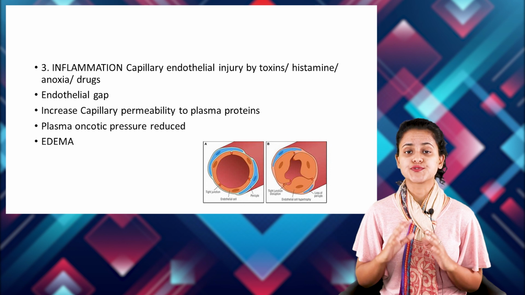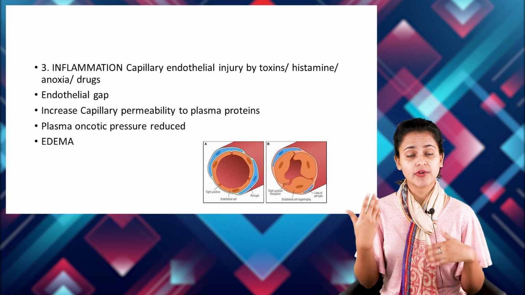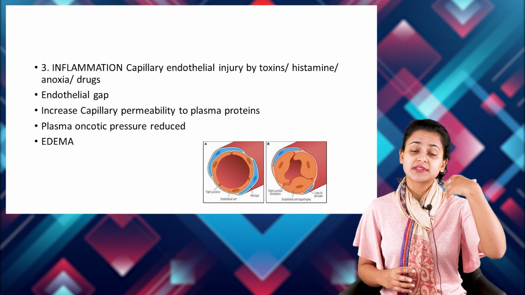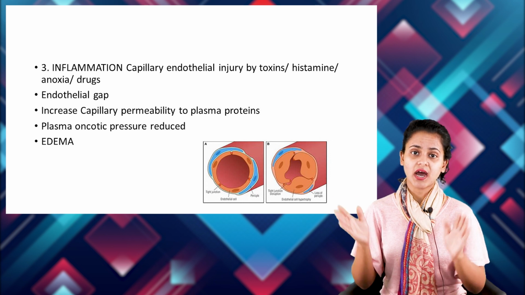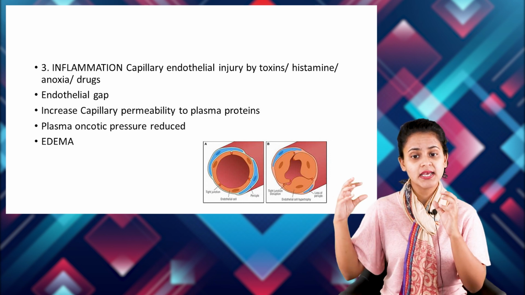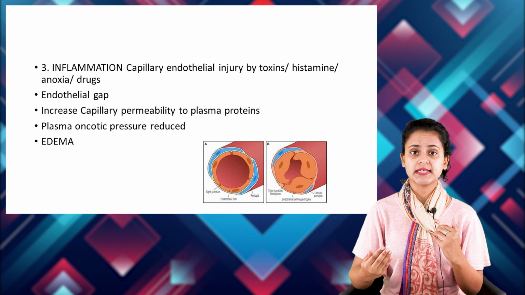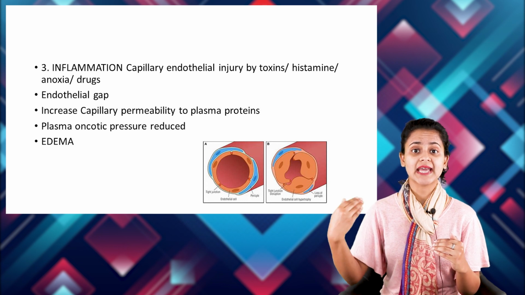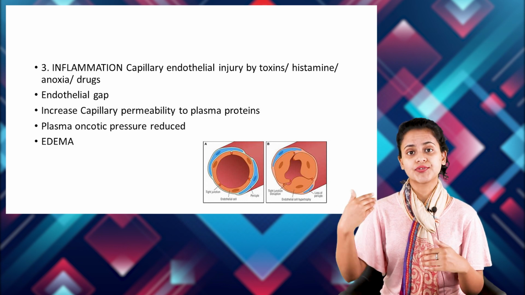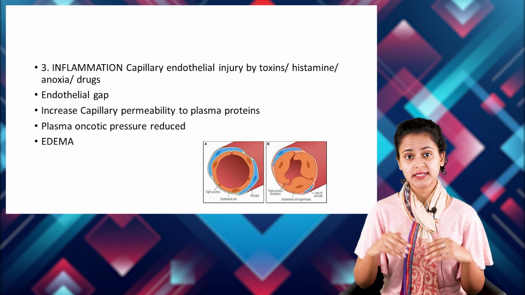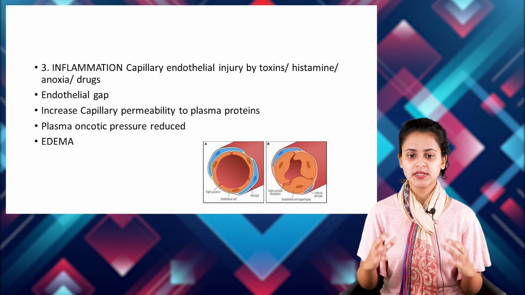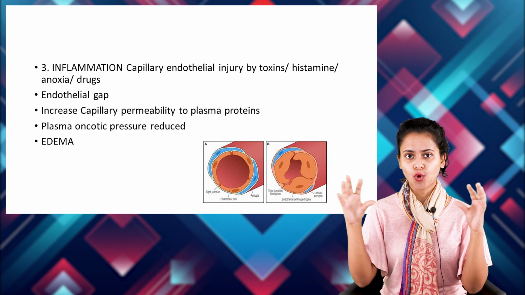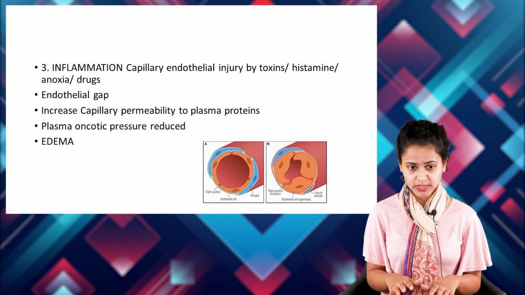Also, there may be the presence of anoxia or drugs. This ultimately causes endothelial cell injury. That is the reason the endothelial gaps are increased, so it ultimately leads to increased capillary permeability.